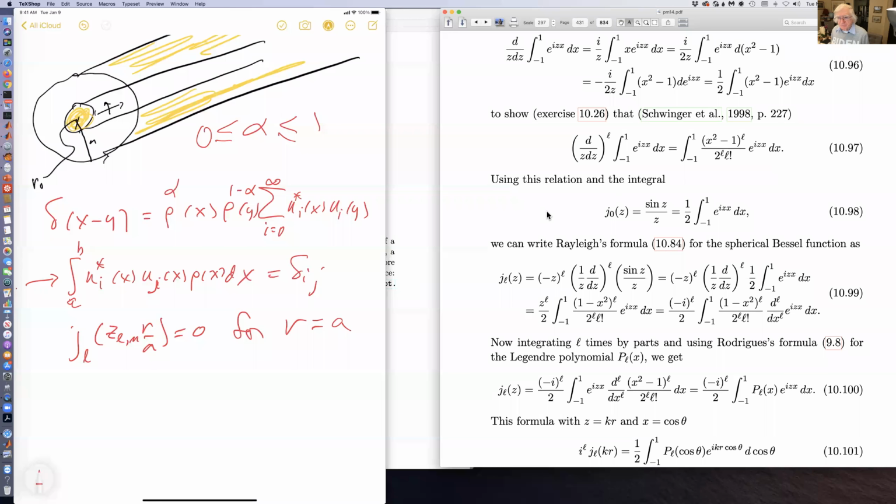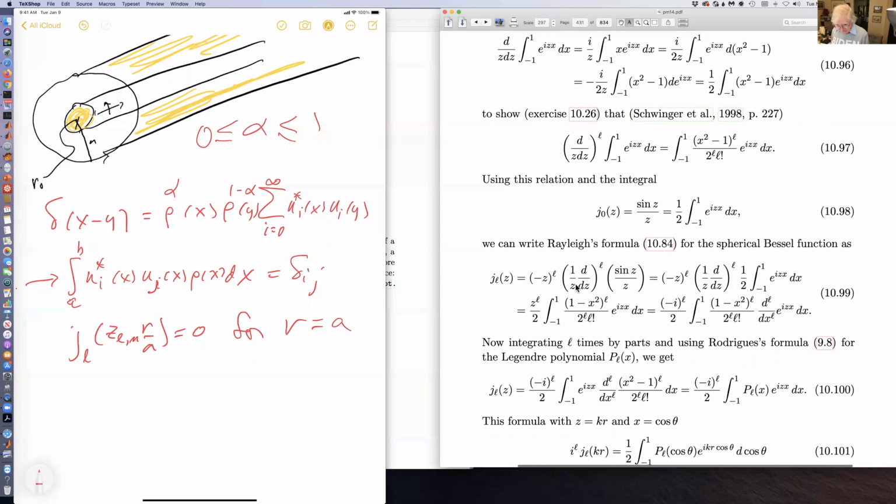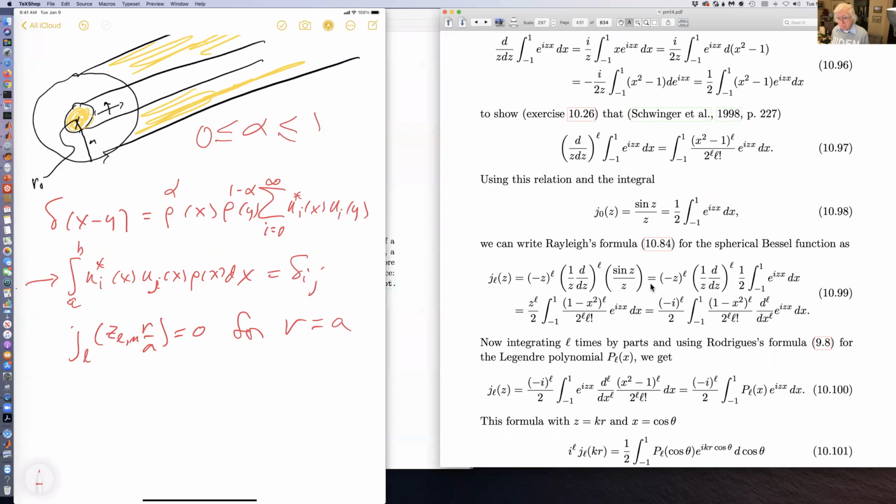You then use Rayleigh's formula together with this expression for sine z as an integral to get the nth spherical Bessel function. You then hit it with 1 over z d by dz using Schwinger's trick, and you get that.